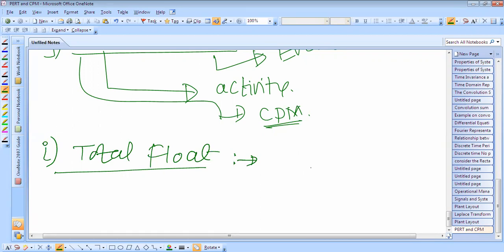However, the total float may affect the floats in the previous and subsequent activities.